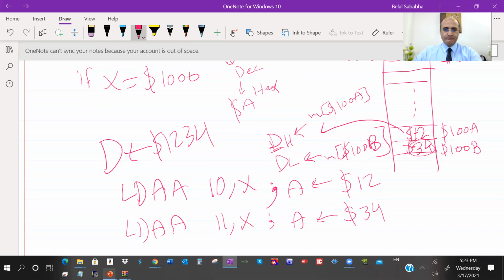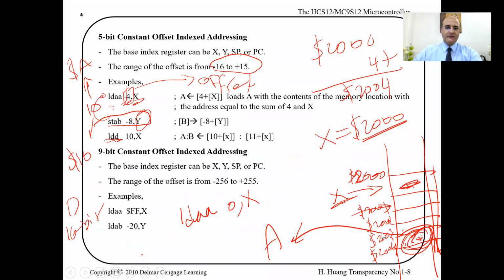Hope this is clear. Now for the 9-bit, it's exactly the same, but instead of the offset being 5-bit, a number from -16 to +15, it can be a 9-bit number from -256 to +255. That's the only difference.